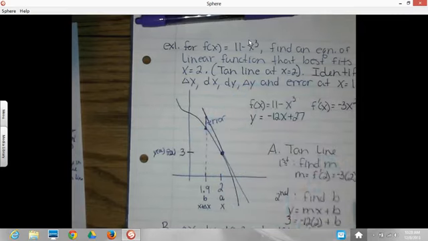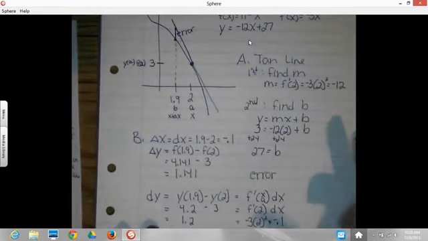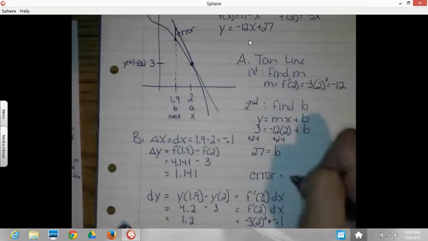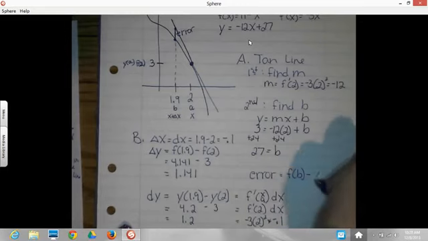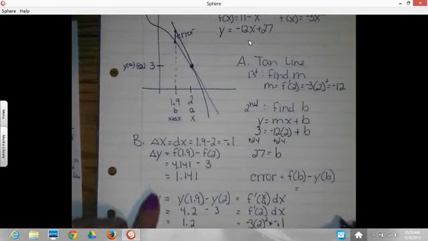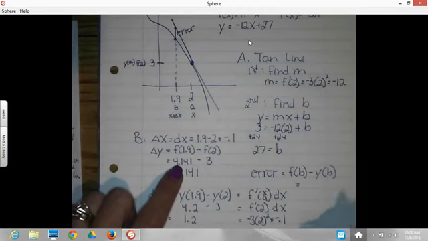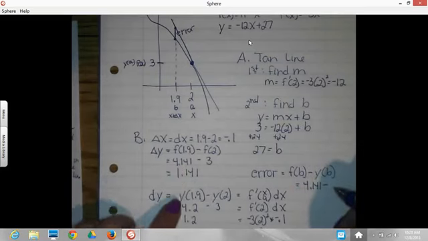So that is f of b minus y of b. So the f of b value, well, we already did it over here, 4.141 minus the y of b, we did it down here, 4.2.